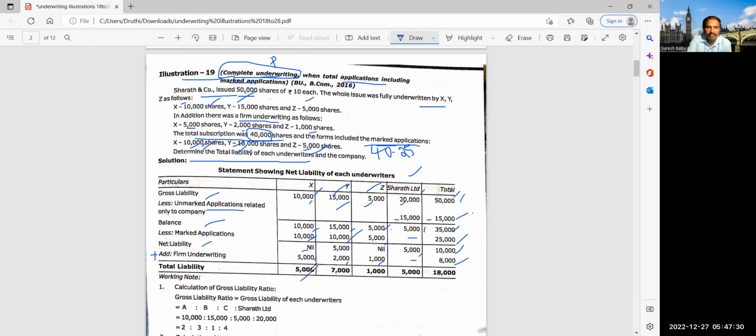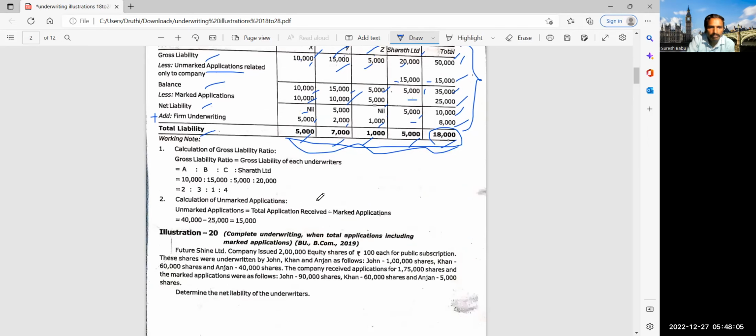The total liability is 5,000, 7,000, 1,000, 5,000 and 18,000. Means X has to purchase 5,000 shares, Y has to purchase 7,000 shares, Z has to purchase 1,000 shares, and the company has to sell 5,000 shares. In total, 18,000 shares is the total liability of X, Y, Z, and company. Vertically, horizontally, you are getting the same total.